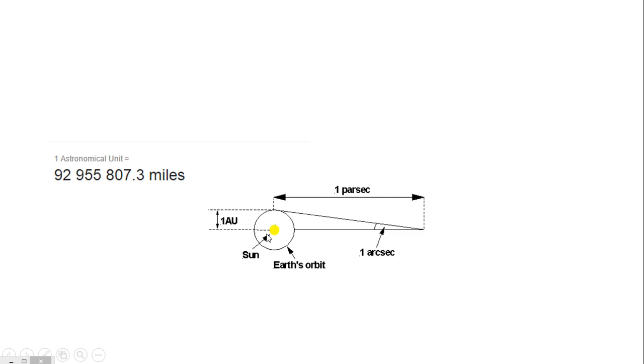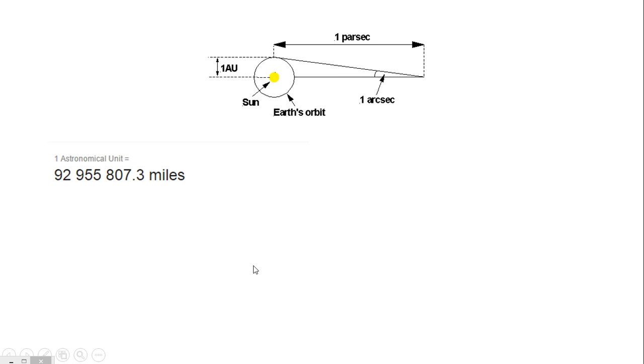In fact, we have something called the astronomical unit. That is what we call the distance between the Earth and the Sun, what astronomers call an astronomical unit: 92 million miles, 93 million miles roughly. Now, here's the idea about what we call a parsec.